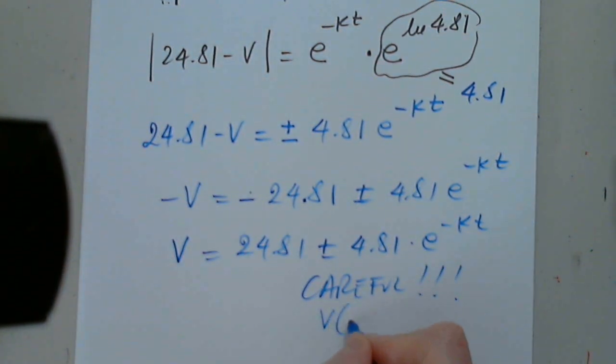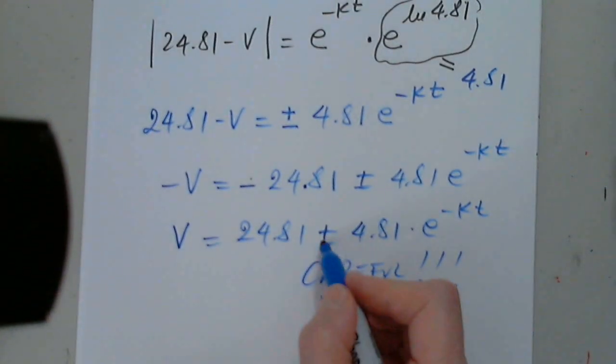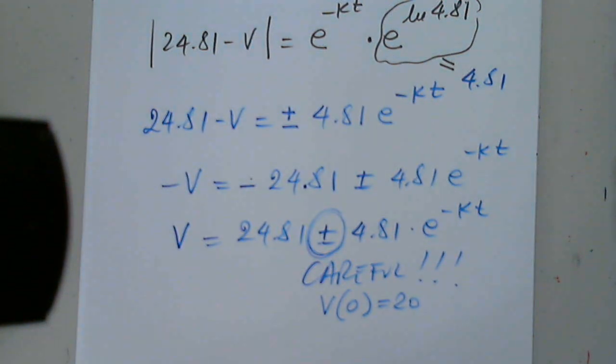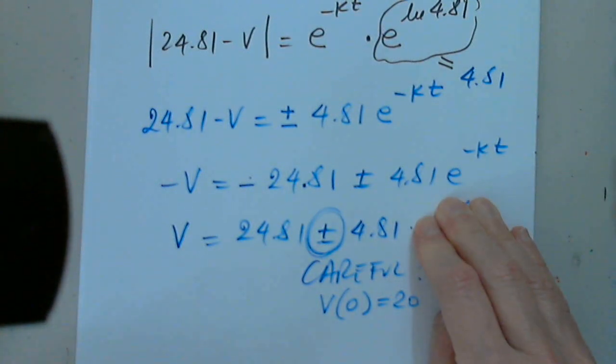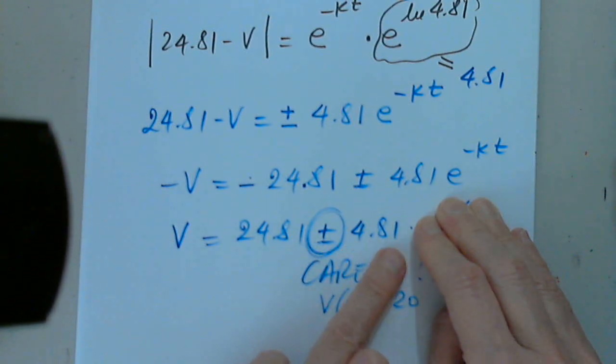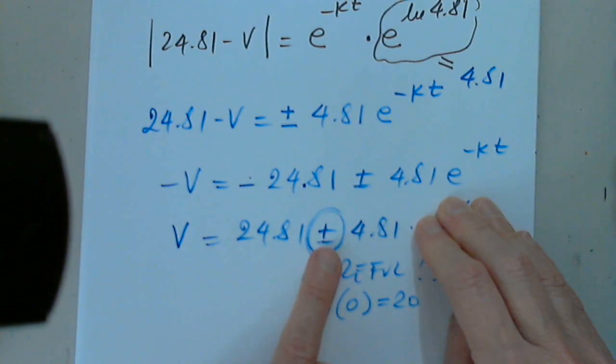Why? Because v of 0 has to equal 20. So I am working on these two symbols. So let's see. v of 0, when this is 0, this is 1. 24.81 minus 4.81 will be 20.